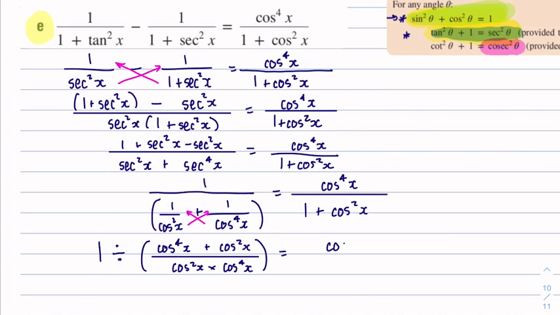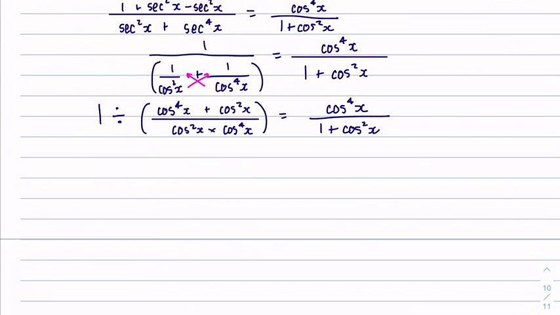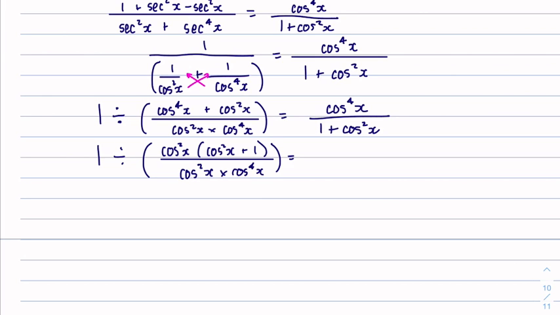Okay, on this side I've got cos 4x on 1 plus cos squared x. Okay, so here I've got 1 divided by, I'm going to take cos squared x out. So I've got cos squared x plus 1. Okay, on the bottom I've got cos squared x times cos 4x, over 1 plus cos squared x.